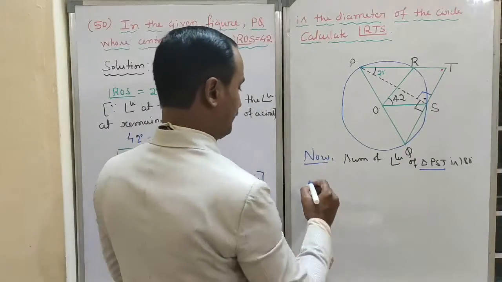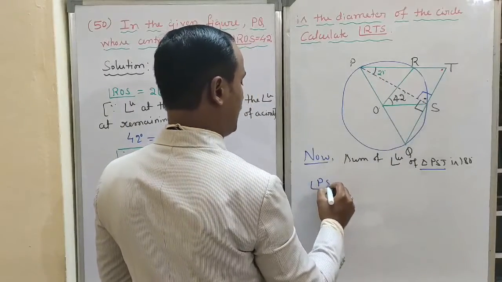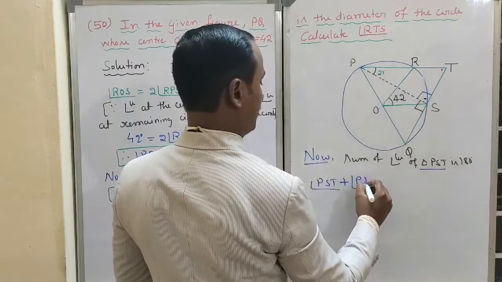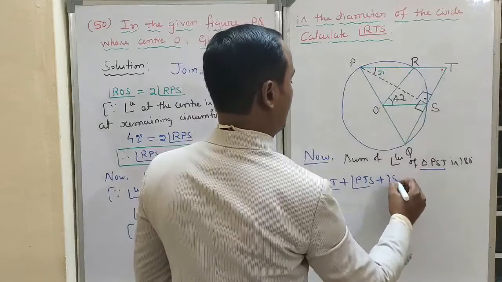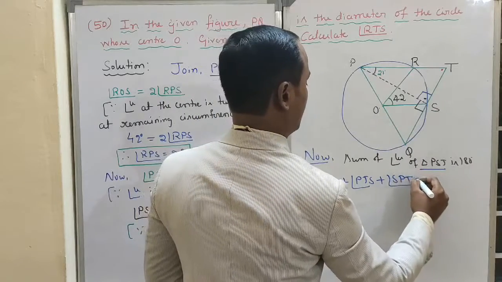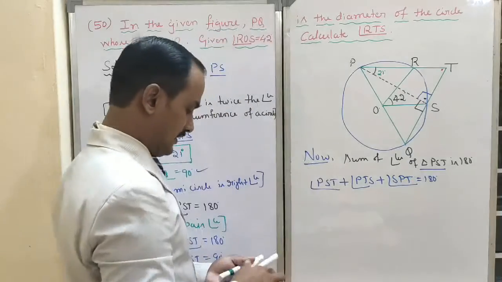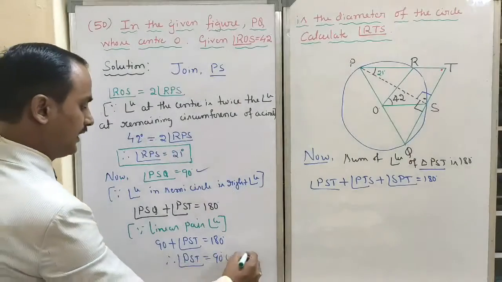Shall I write those angles? The angle PST plus angle PTS plus angle SPT is equal to 180 degree. Shall I substitute the values, dear children? Now angle PST, 90 degree, found out.